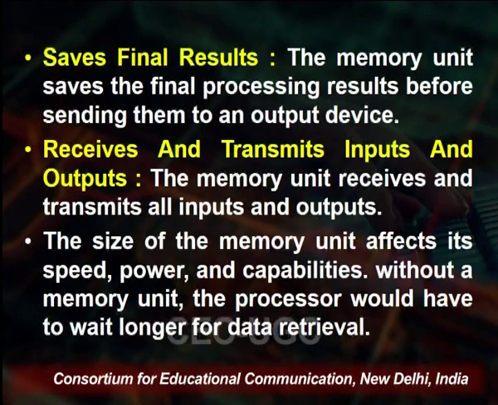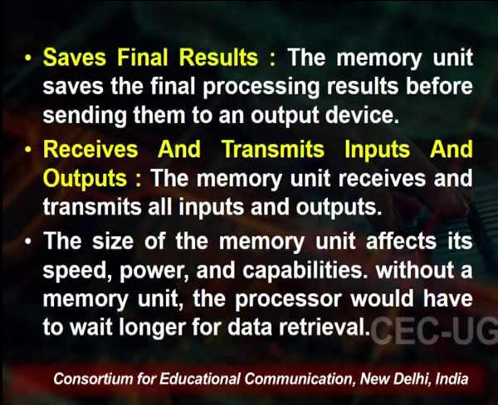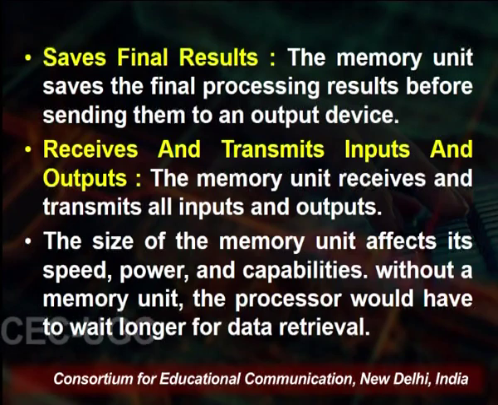Without a memory unit, the processor would have to wait longer for data retrieval. So the memory device is one of the important units in any electronic system nowadays, in the computer system, used for processing data. If it is not there, then we have to wait longer for data retrieval.